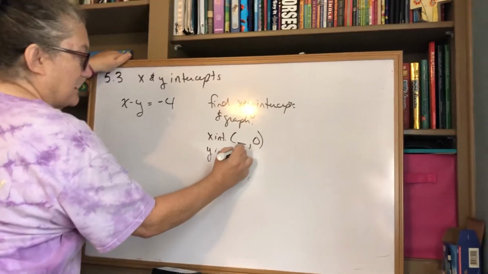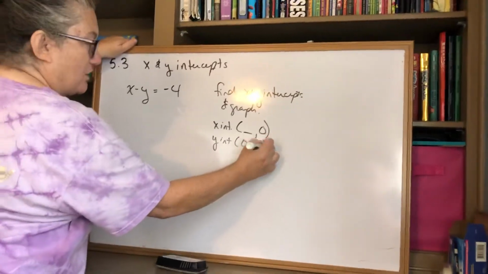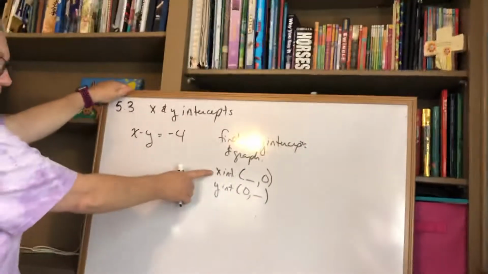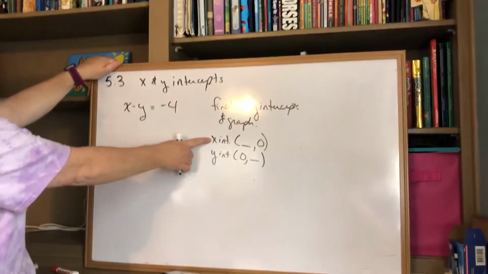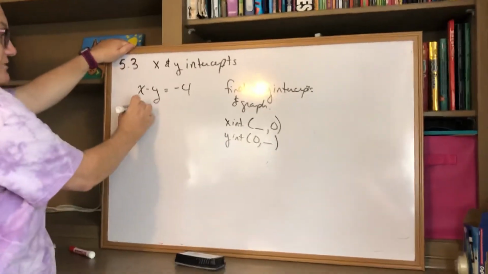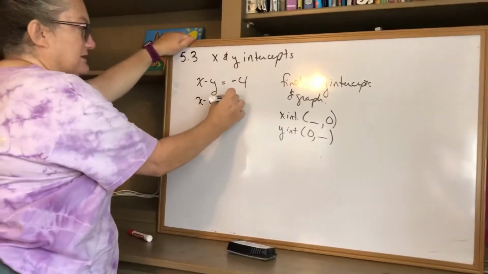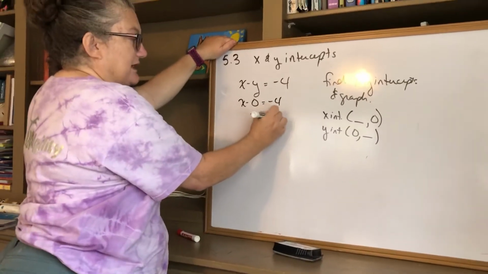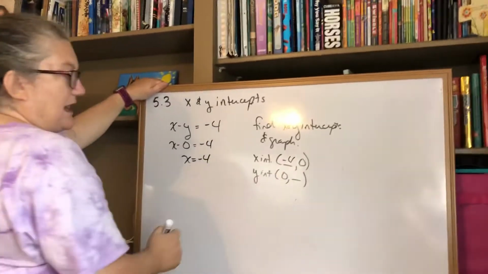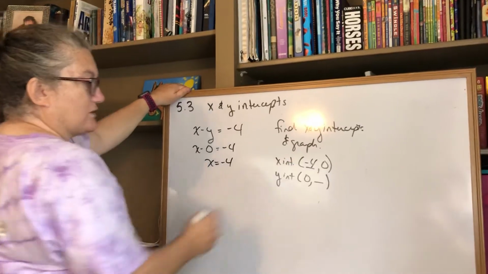We know that the y-intercept has an x value of 0 and then a y value. So I know that I can plug 0 in for y and get my x-intercept. So let's do that. x minus 0 equals -4. x equals -4. So I know that my point is (-4, 0).